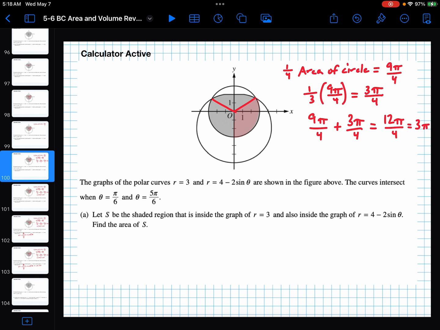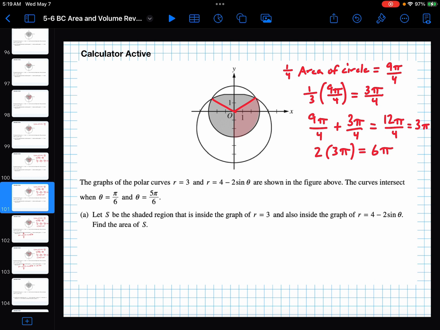So when I add the quarter circle area of 9 pi over 4 plus that 1/3 of a quarter circle, 3 pi over 4, I wind up with 12 pi over 4, or 3 pi. Now that's just that section on the right, because that's all bounded by the circle, not bounded by the other graph. And by symmetry, on the left side, I get the same thing. So I'm just going to multiply that by 2.